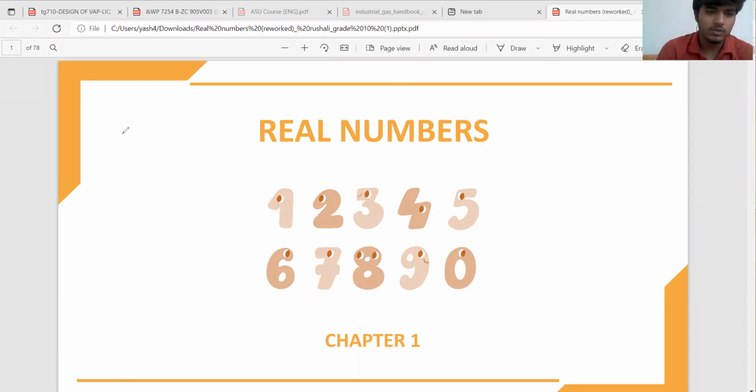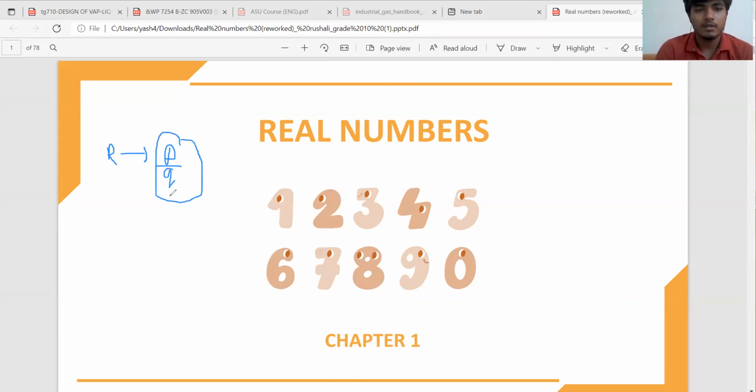So first of all, what is a rational number? We are discussing it. Here we denote a rational number in the form of p by q. Basically, rational numbers are those numbers which are in the form of p by q.